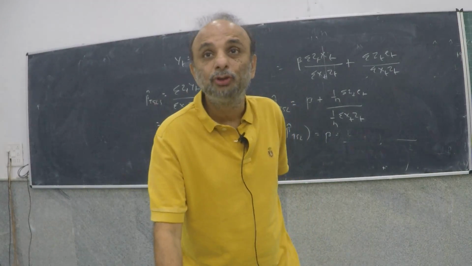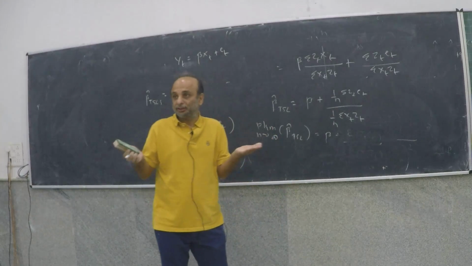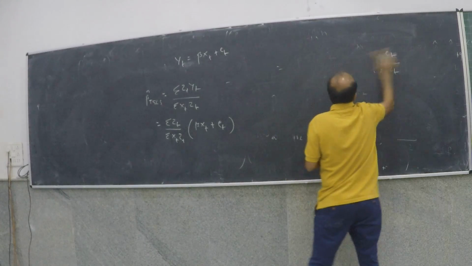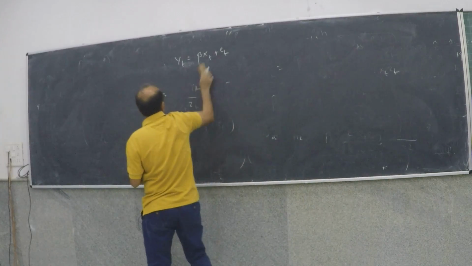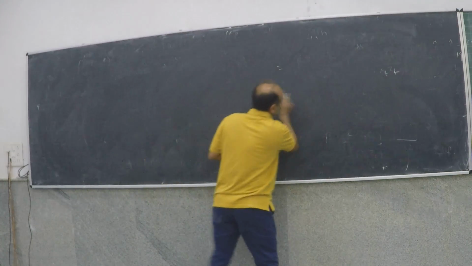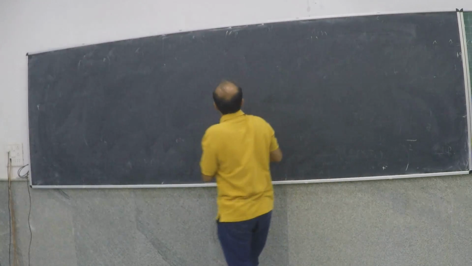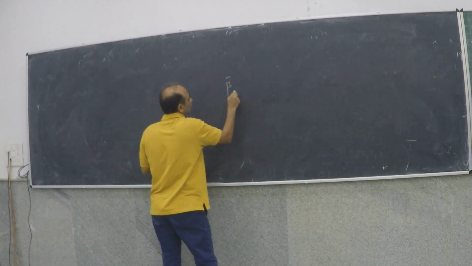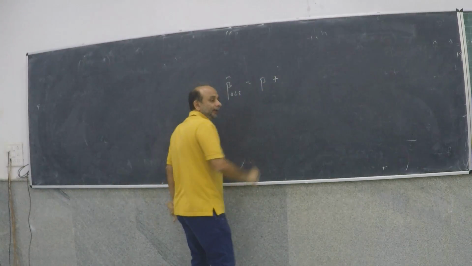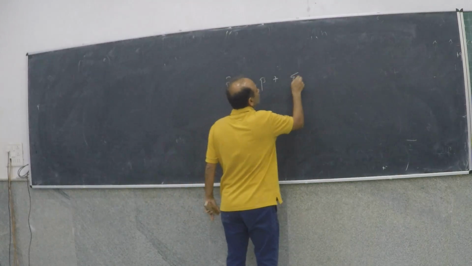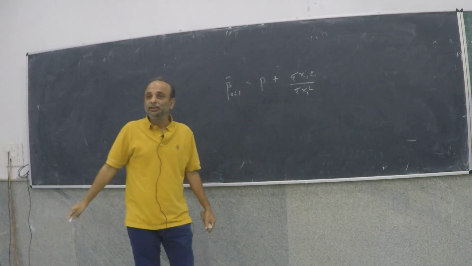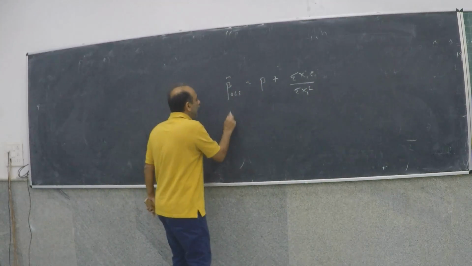Why are the OLS estimators not consistent? We know that they are biased, right? But why are the OLS estimators not consistent? The OLS estimators are not consistent because we know beta hat OLS is beta plus, we know this equation.